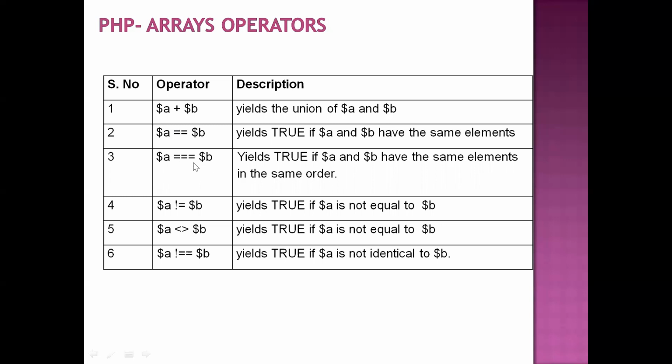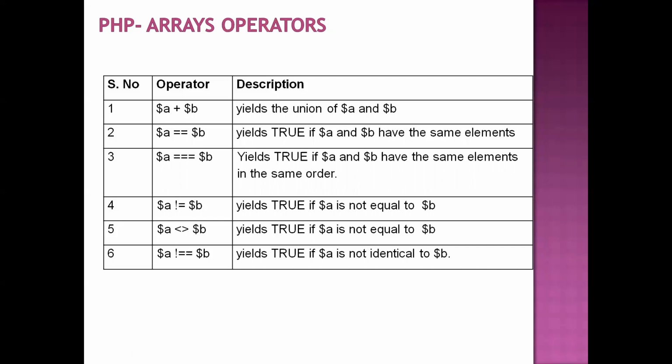And the third operator is the identity operator. There is a difference between the equality operator and the identity operator. The identity operator checks whether the two arrays contain an equal number of elements. At the same time, if all those elements are also in the same order, then it will return true.